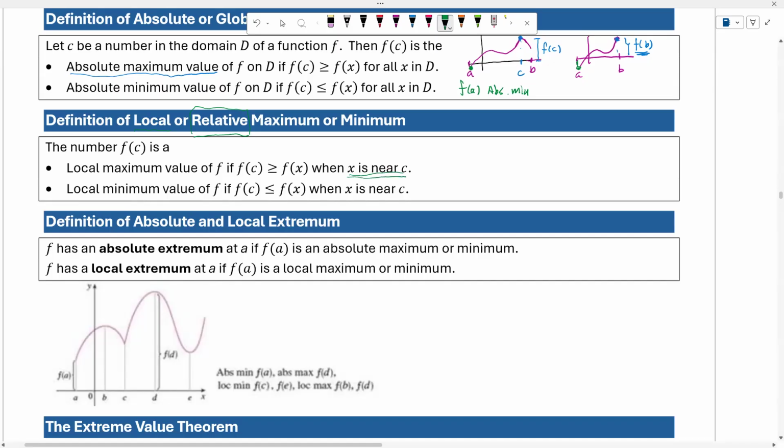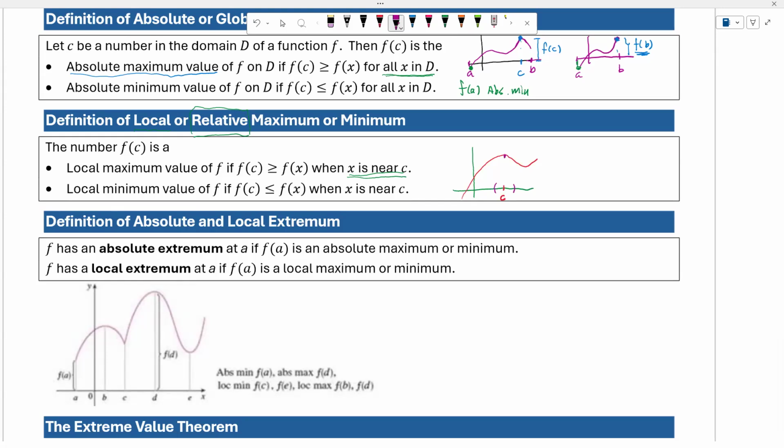So this is the big difference between the absolute maximum and the relative maximum. In this case, it tells you that you have a function, okay? And if you have the C value here, then what they're looking for is when x is near C, okay? So you will see that when it's near C, meaning you have it to the left and to the right.